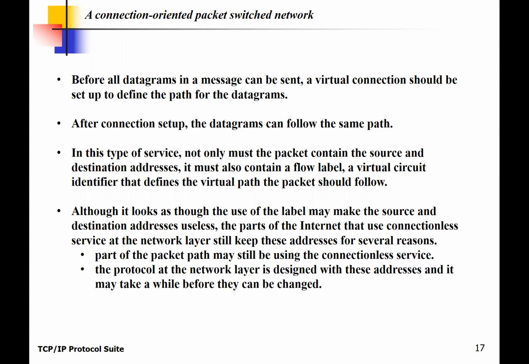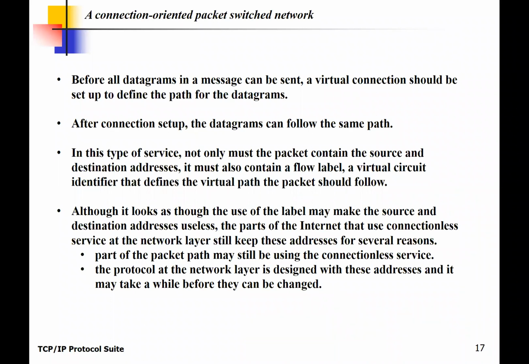Connection-oriented, first, before I send anything out, what do I have to do? I have to reach out to the destination and find the best path. So, for example, I'm going to New Jersey, all right? What will I do? I will go to Google Maps, find the best path to go, and then I will follow this path.